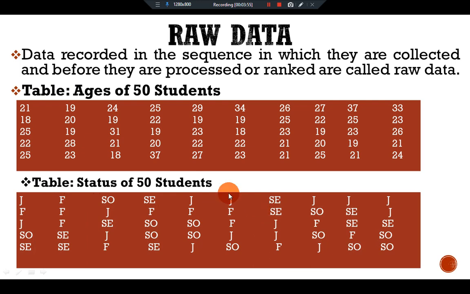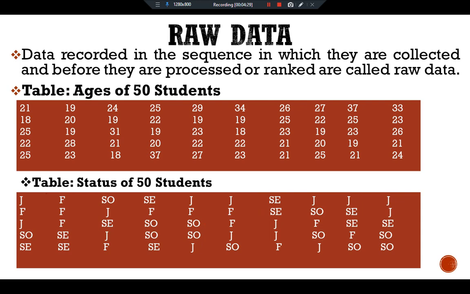Here F represents freshman, SO represents sophomore, J represents junior, and SE represents senior, respectively. So this is an example of qualitative data. Both these data sets are called ungrouped data.